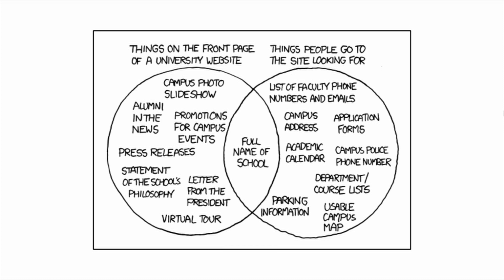Whereas users that go to a site like that are looking for contact information of a prof or a registrar, some sort of access to forms that they need to fill out, a campus map or ways to get parking. And those pieces of information are typically buried fairly deeply in the site.